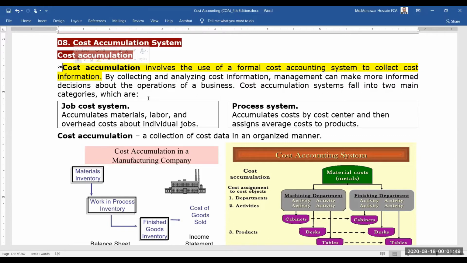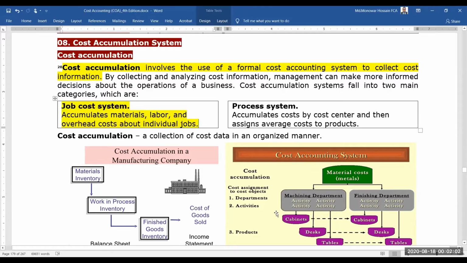Cost accumulation systems fall into two main categories: the job cost system and the process system. The job cost system accumulates materials, labor, and overhead costs for individual jobs. The process system accumulates by cost center and then assigns those costs to products.